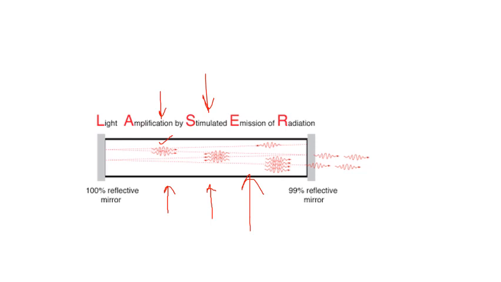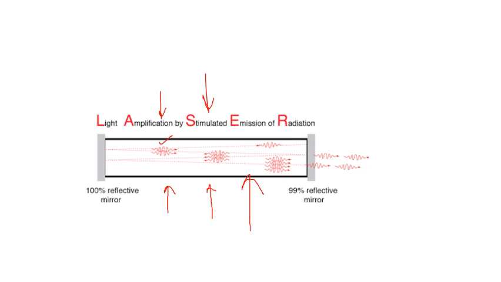If it strikes an atom in an excited state, the atom suddenly moves to the ground state and gives you 2 photons. Here I have shown 2. These 2 will again strike other excited atoms and may give you 4. So 4 may give you 8 and so on. So you will get many stimulated emissions.